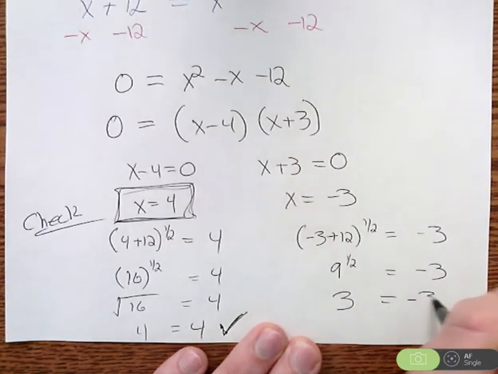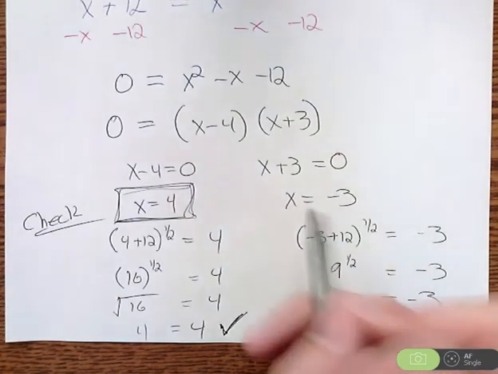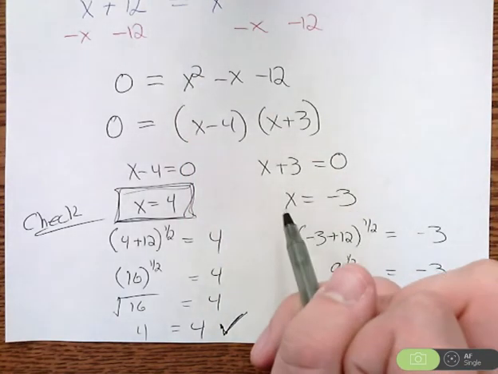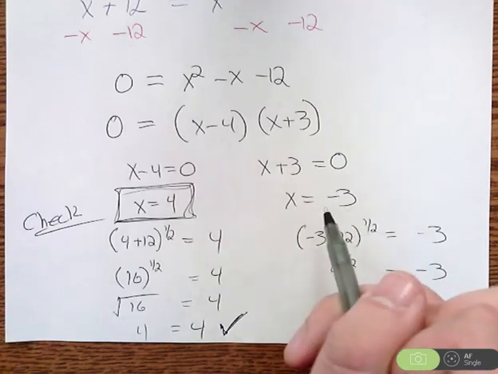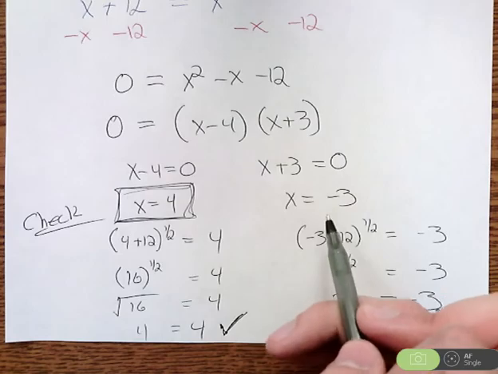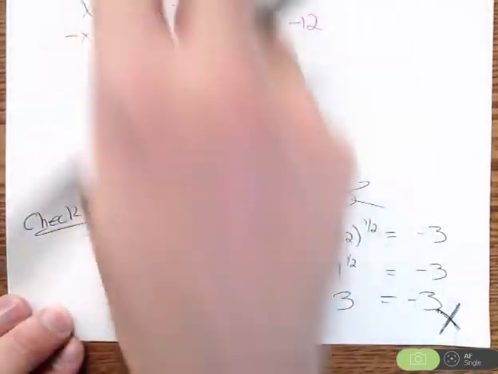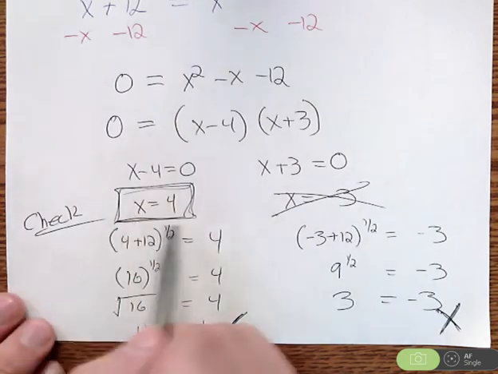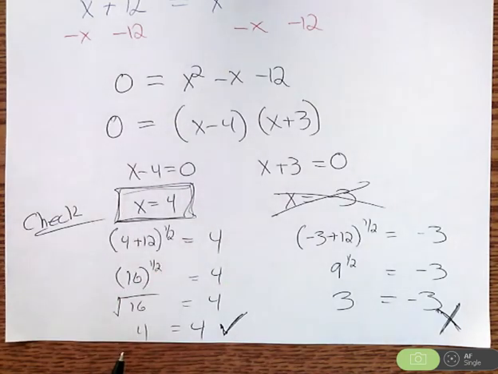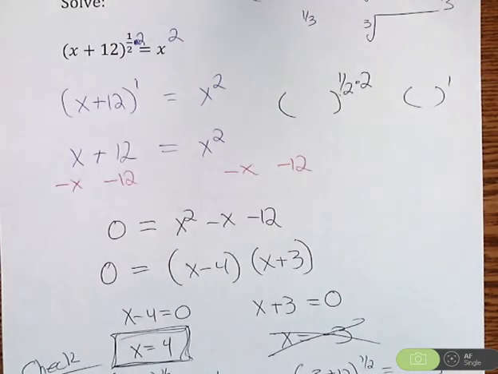So we get 3 equals negative 3. Those are not equal, since one is positive and one is negative. So our math was correct, but x equals negative 3 is an extraneous solution, which means you think it's a solution but it's not. It is not in our solution set. So only x equals 4 is a solution. And that was solving equations with rational exponents.